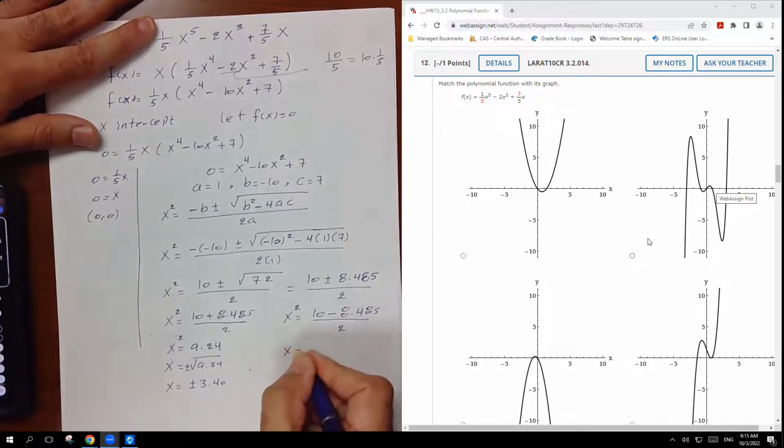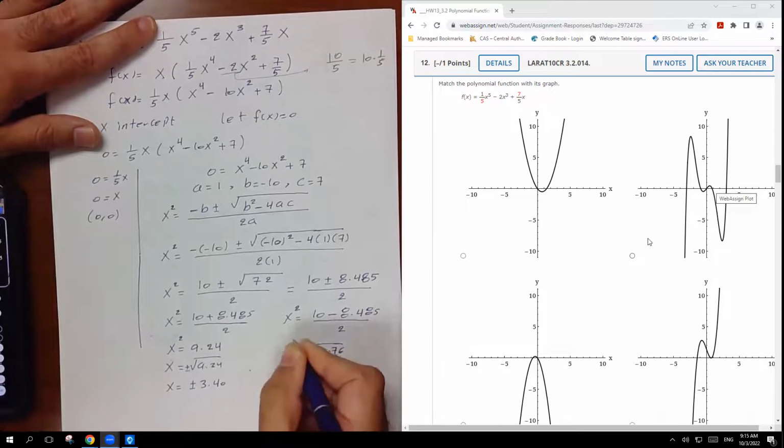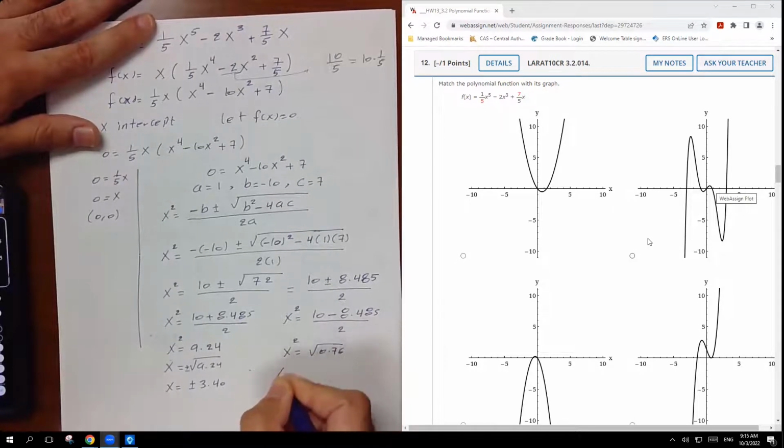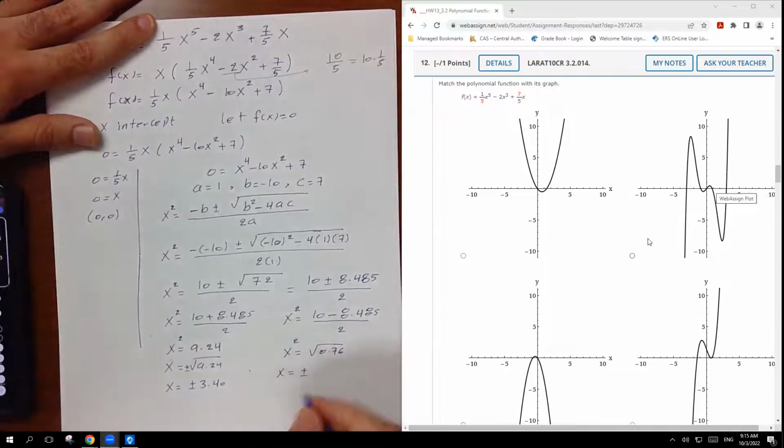So this means x squared is going to be 0.76. X is going to be plus or minus the square root of this number, which is going to be 0.87.